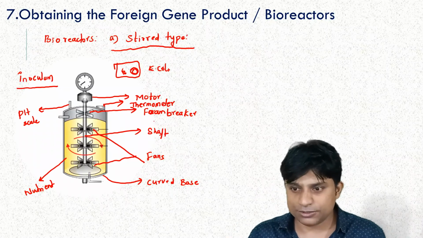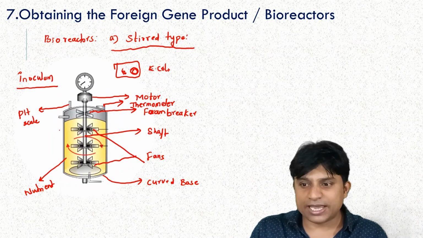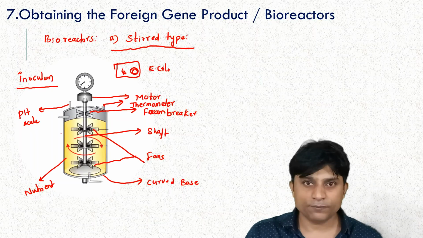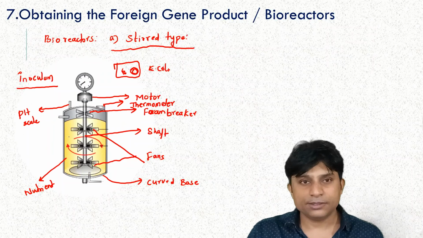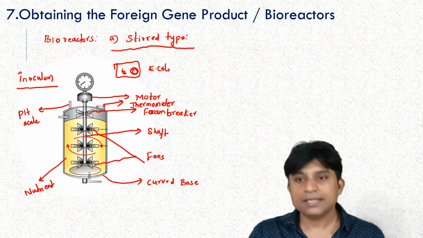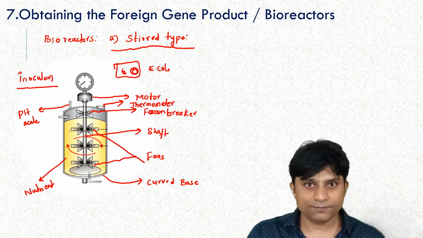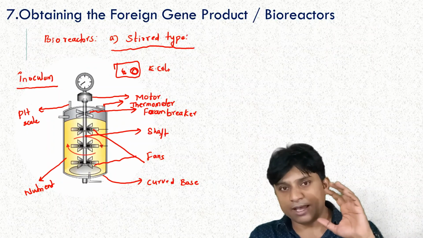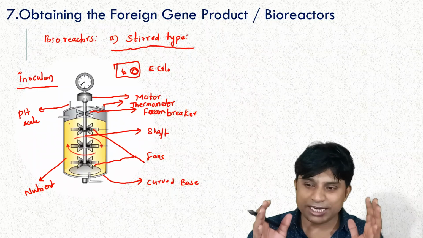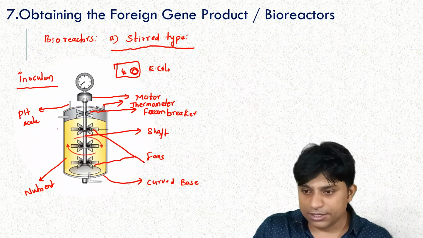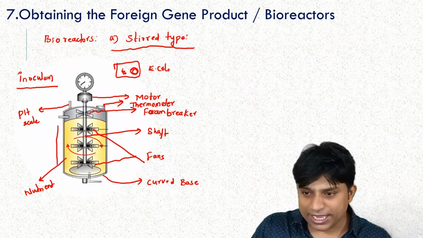Our gene is expressed. Then first with the pH scale, we are going to measure the pH every time. If the contents inside the reactor are highly acidic, then we are going to add base, alkali. If it is highly alkaline, then we have to add acid, because we have to maintain a constant pH. Fine. Here is a water jacket.